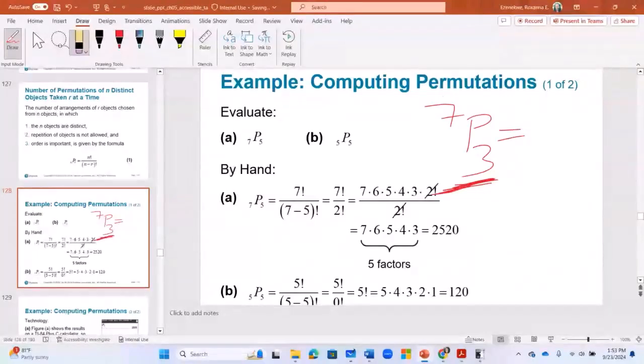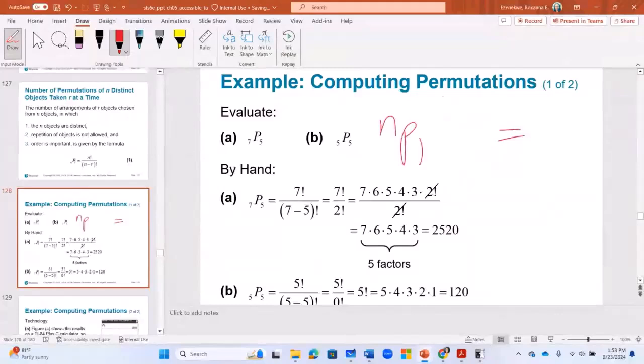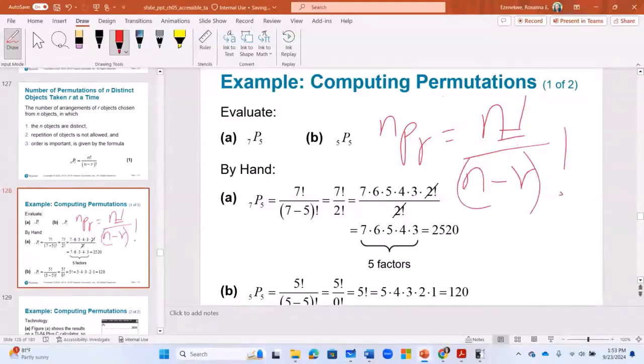Anyway, let's answer a question. By the way, permutation is n permutation r equals n factorial over n minus r factorial. So that is the formula. If I am told to find 7 permutation 5, then I get 7 factorial over 7 minus 5 factorial. 7 factorial is 7 times 6 times 5 and so on, and 7 minus 5 is 2 factorial.